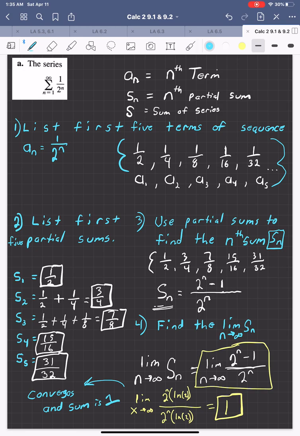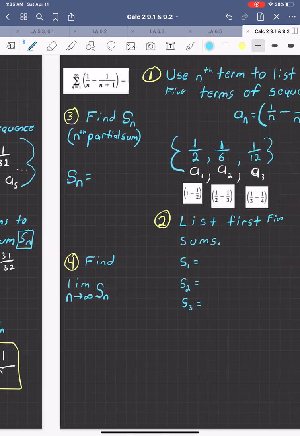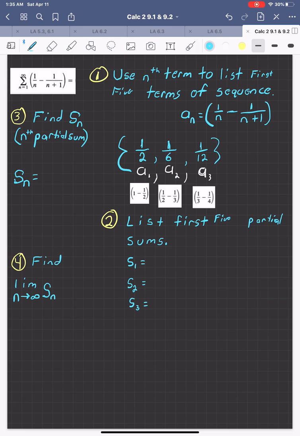Okay, so let's do another one. Now I'm going to go through this first part a little bit faster, but you can basically see that the idea is the same. They were asked to find another sum of a series, right? So the series in this case is 1 over n minus 1 over n plus 1.